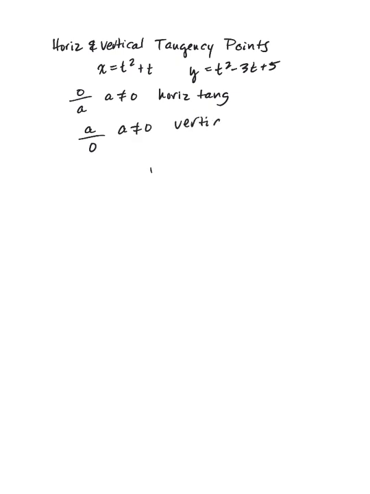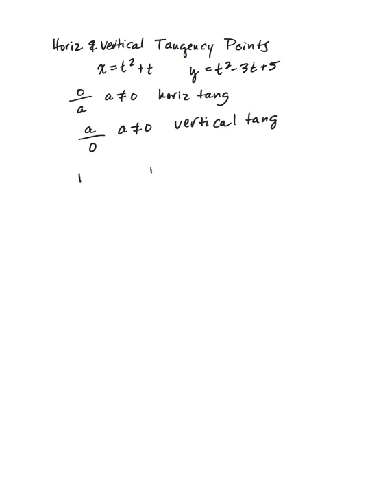So here we have our two parametric equations. Keep in mind when you have 0 over a, where a does not equal 0, that's a horizontal tangent, right? When you have a over 0, a not equal to 0, that's a vertical tangent.